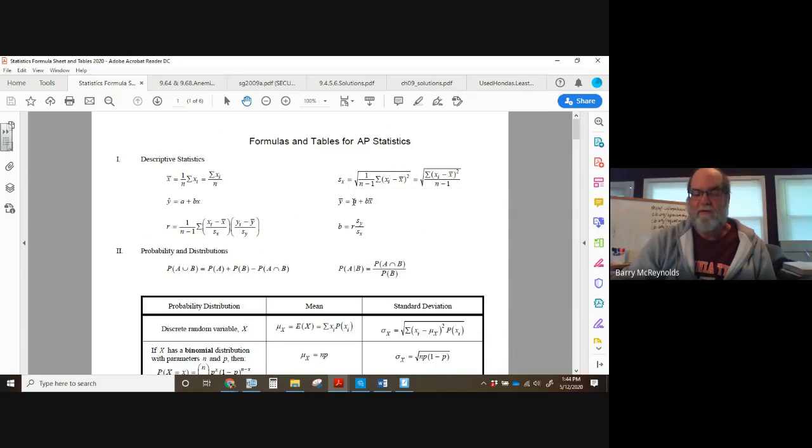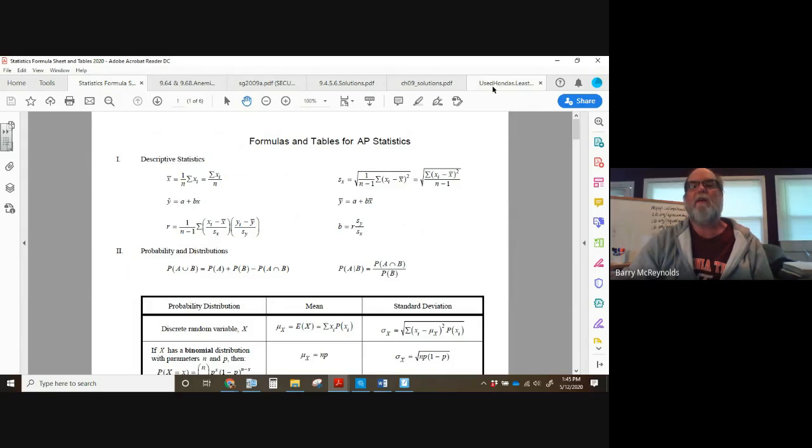Back before scientific calculators, this is what we had to do to calculate this value, okay? And we had to calculate R by hand. And it was tedious. It was really, really a chore to do. So I really want you to walk through this backwards, because quite honestly, I think this might be something you're asked to do on the exam.